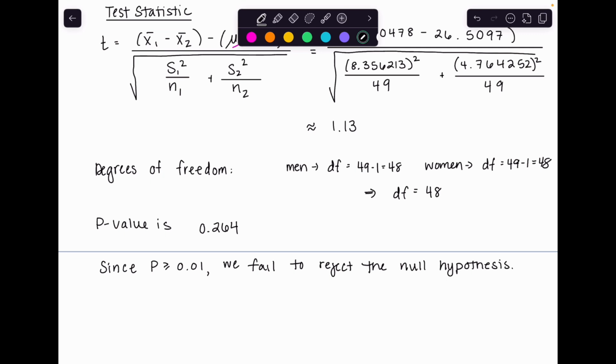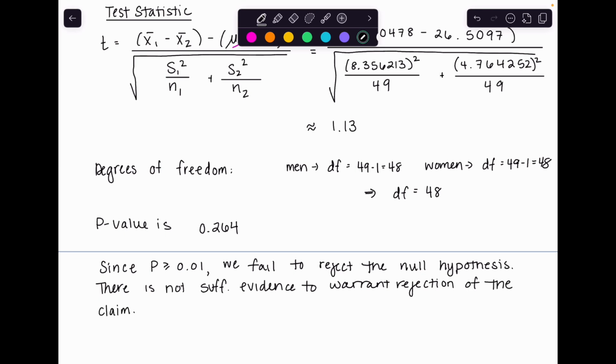So there is not sufficient evidence to warrant rejection of the claim. So again, that doesn't mean that we support that the two BMIs are equal to each other. It just means I can't reject it, okay?